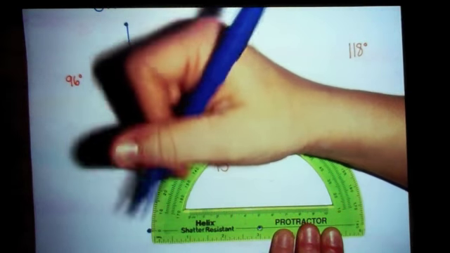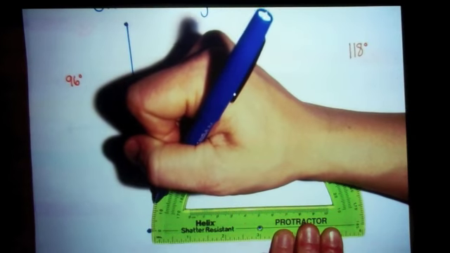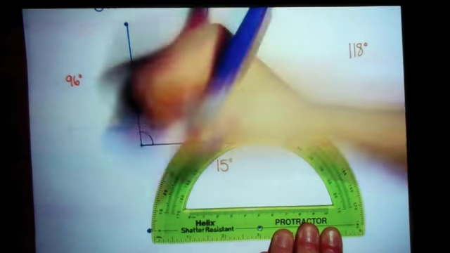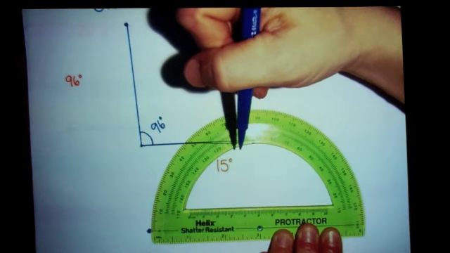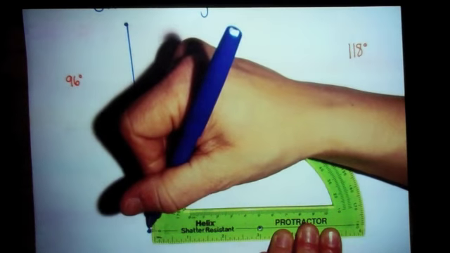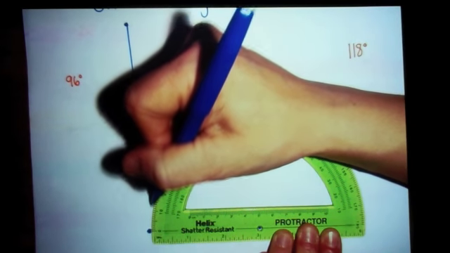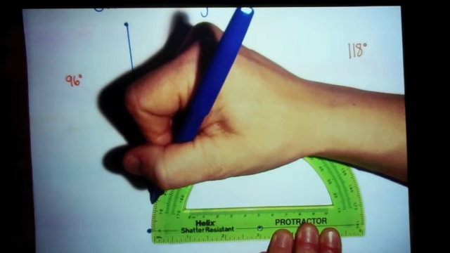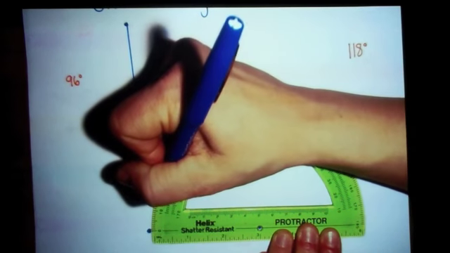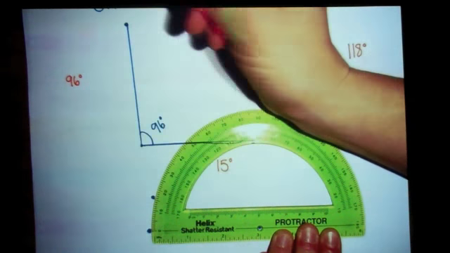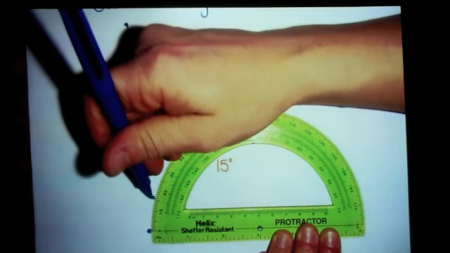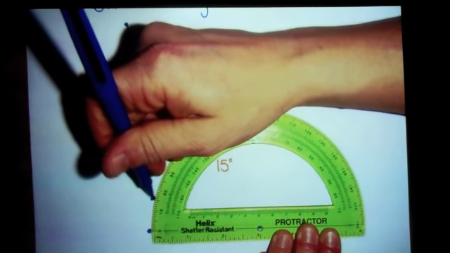And after I do that, I'm going to follow the outer scale up till I get to 15 degrees. So I have my outer scale, and I'm going to count 10, 11, 12, 13, 14, 15. And I'm going to draw my other end point at 15. I'll be really careful.